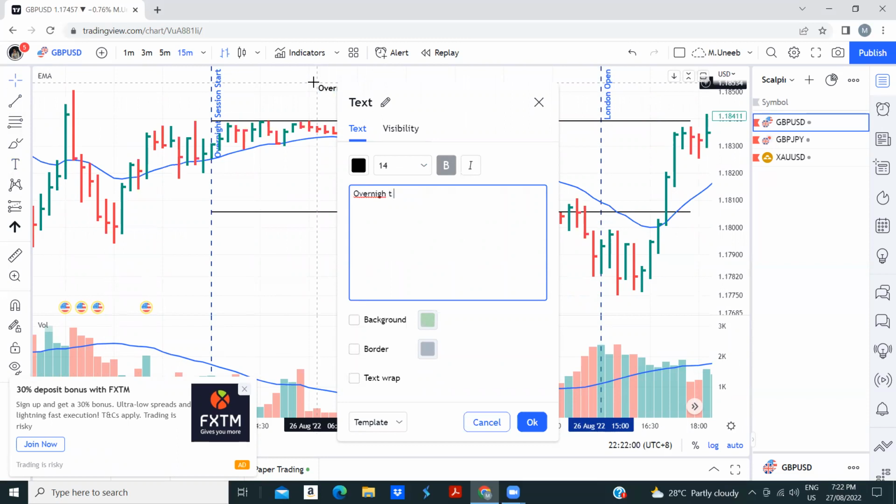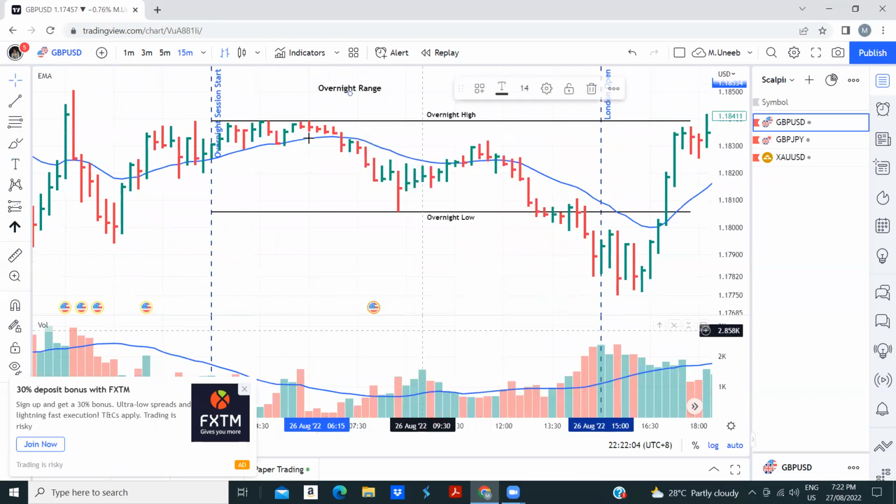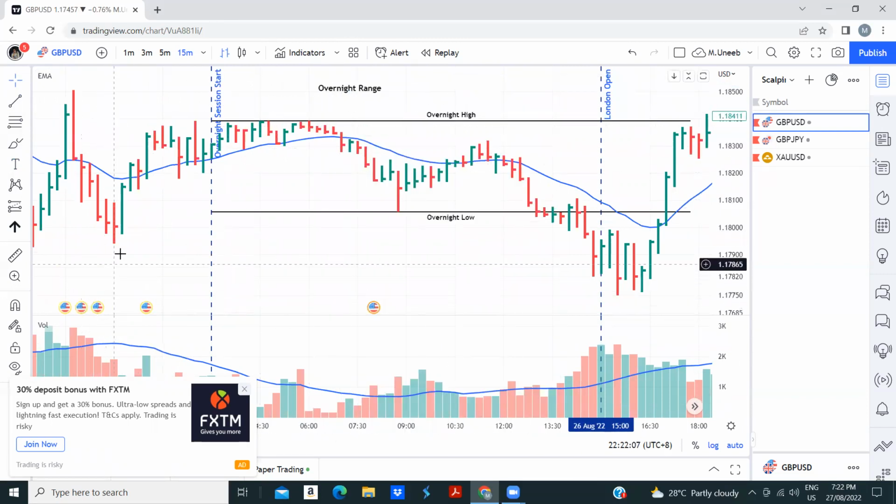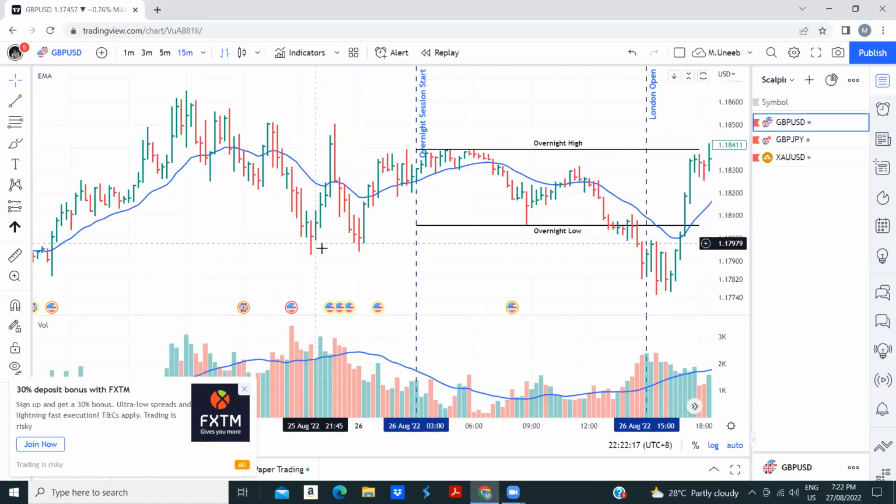Now you have to identify what the bias of the market is when the price is entering the overnight range. So you have to check this bias here. Does it make sense to you? What kind of bias is this?